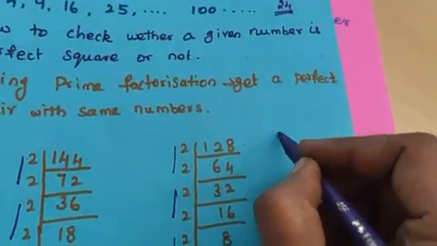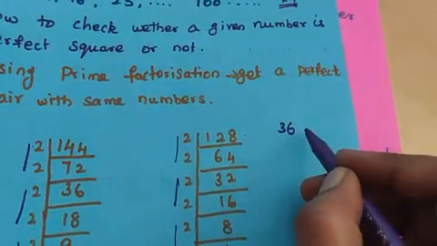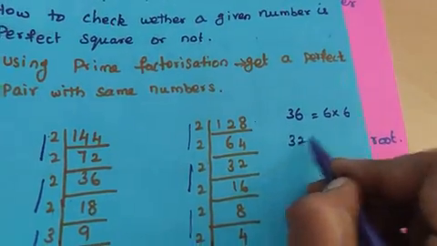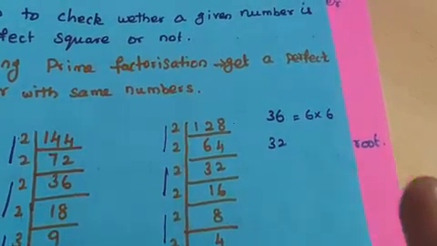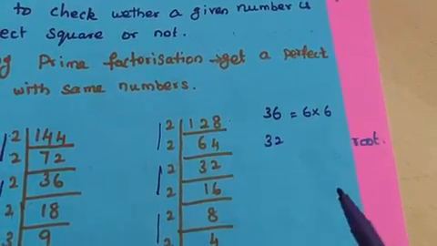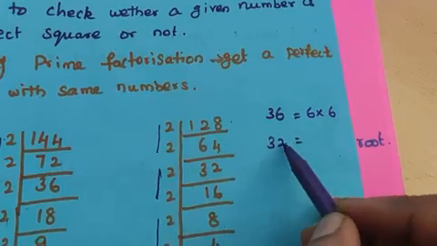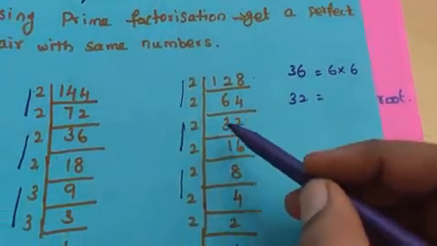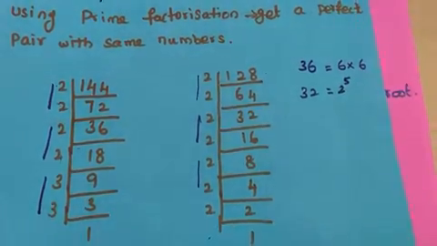If you take 36, you know that it is a perfect square number. You can write 36 as 6 multiplied by 6. Suppose 32. You could not write 32 as a multiplication of two equal numbers. We can write a product of two numbers, but they are not equal, they are different numbers. 36 can be written as 6 into 6, but 32 we could not write that way. 32 we write as 2 power 5, right?